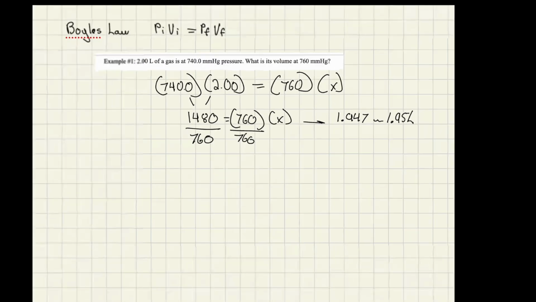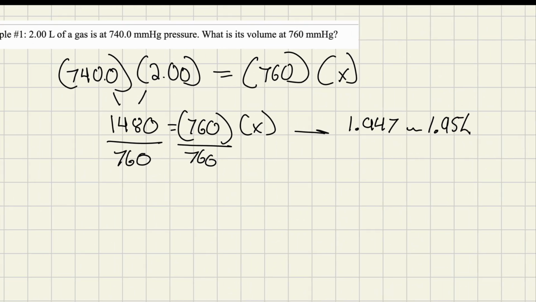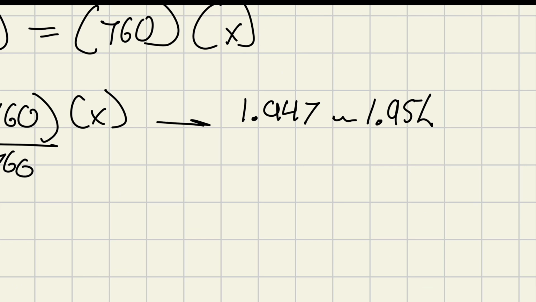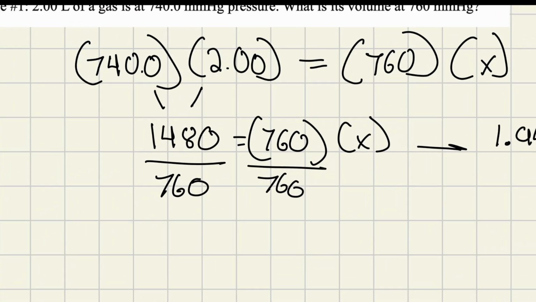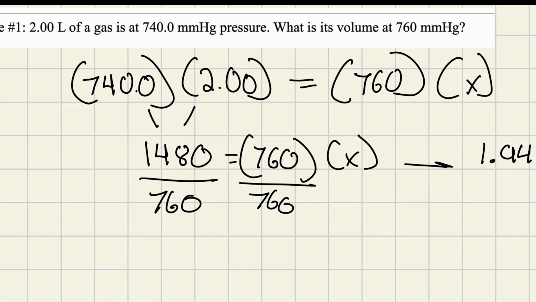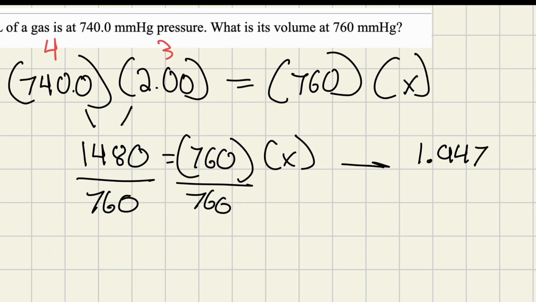I believe this was one of the questions. I might have actually slipped up here. Let me actually erase that. Let's check sig figs. It is very late, so I'm sorry. So we have 4, 3, and then 2.